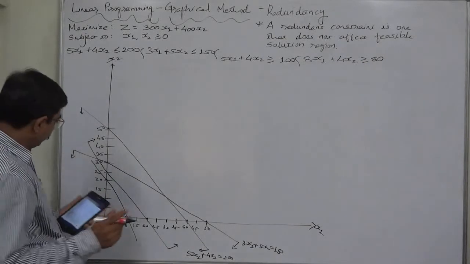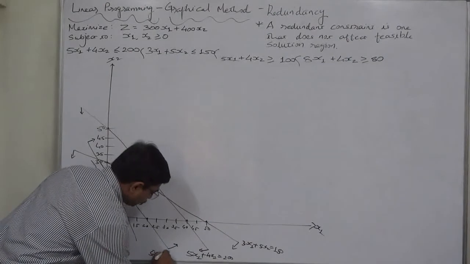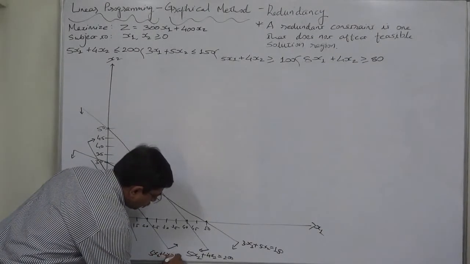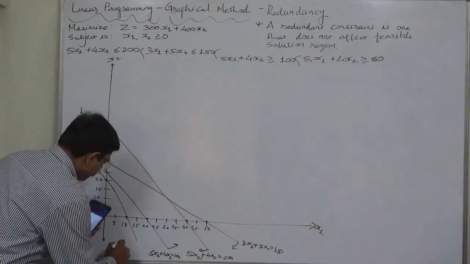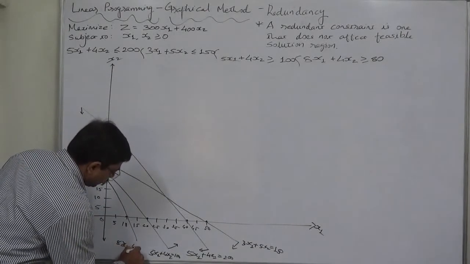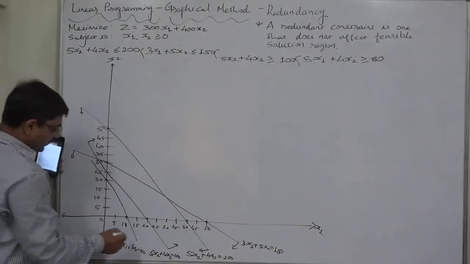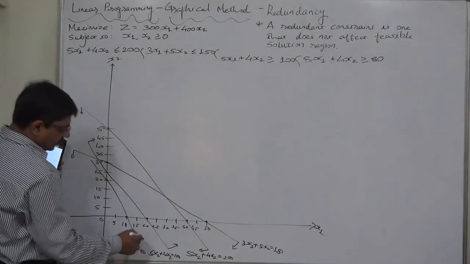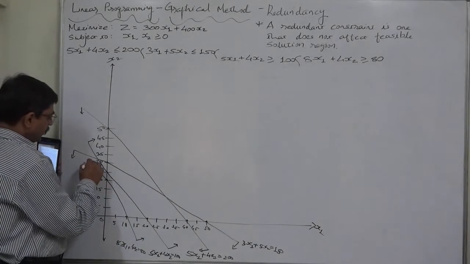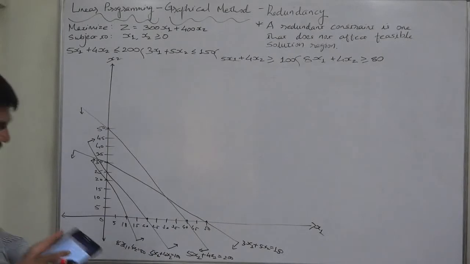First let me write the equation. 5x1 plus 4x2 equals 100, and this is 8x1 plus 4x2 equals 80. Again the sign is greater than, x1 greater than 10 outer side or opposite to 0, and x2 greater than 20 outer side and opposite to 0.